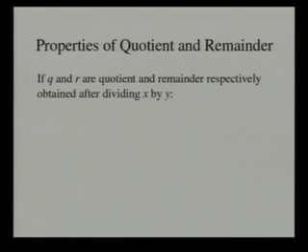As you know, if q and r are the quotient and remainder respectively obtained after dividing x by y, then these two properties are satisfied: q times y plus r is equal to x, and secondly, r is less than y. So how do we use these properties to come up with an algorithm to compute q and r given x and y? Well, the idea is pretty simple.